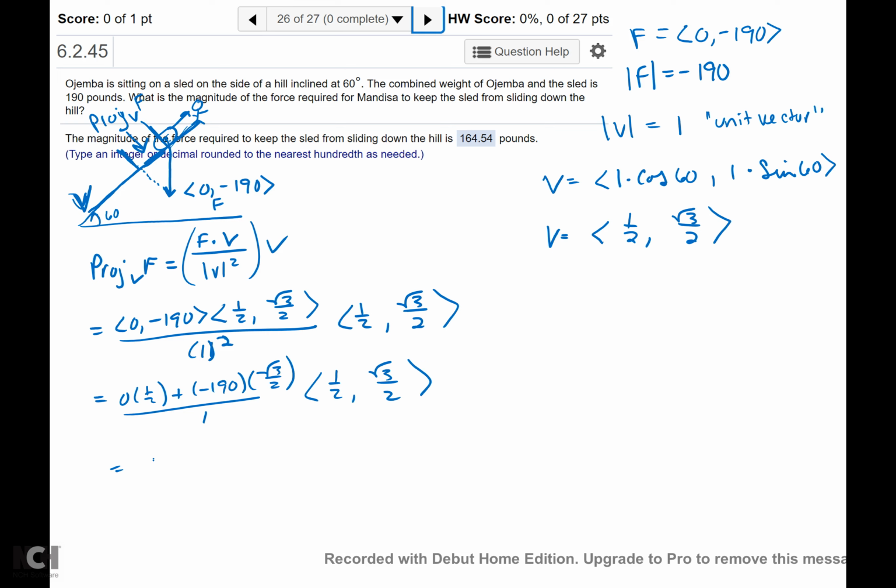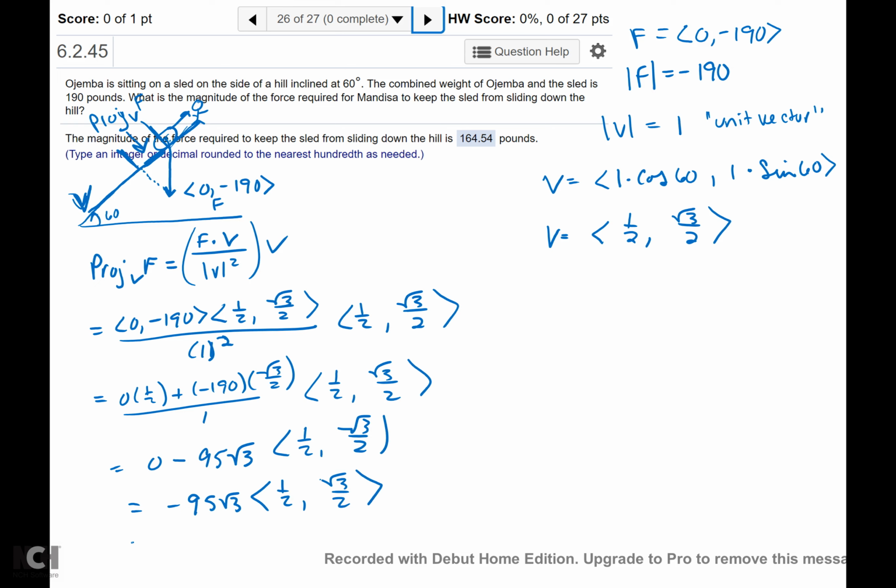So that gives me 0 minus 190 square roots of 3 over 2, but 2 goes into 190 95 times, so negative 95 square roots of 3 times 1/2 and square root of 3 over 2.